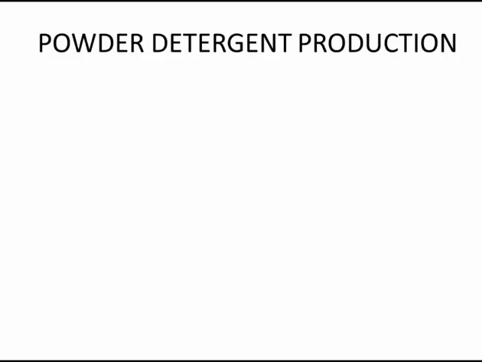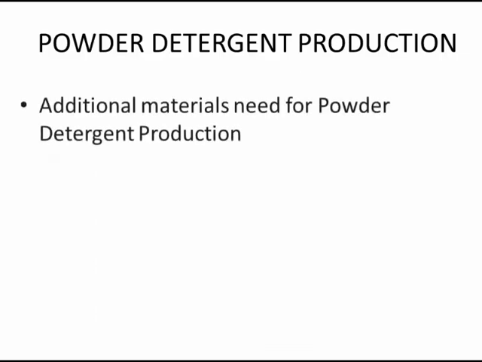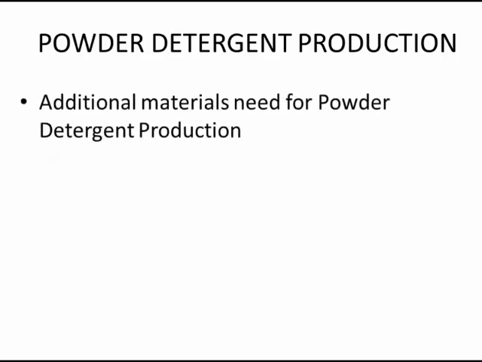What does it take to produce powder detergent? We see that powder detergent goes in the same way as bar soap production. You're going to use caustic soda, you're going to use soda ash, you're going to use oil, PKO.